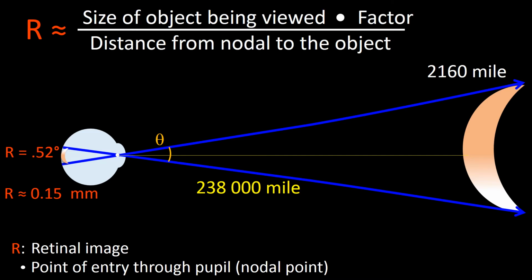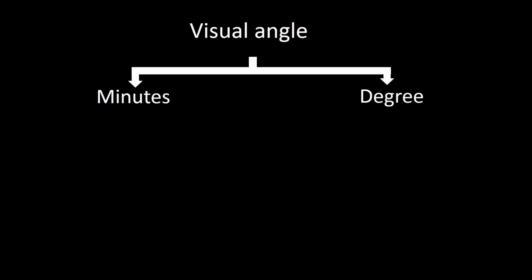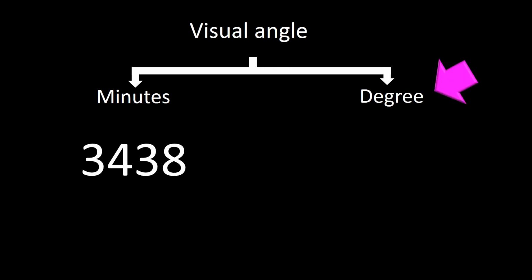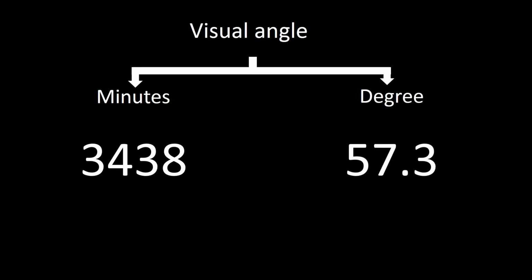But in order to convert this to degree or minutes, we need to multiply the size of the object by a constant that, as we previously mentioned, and it's also mentioned in the guidelines, in minutes is 3438, and in degrees 57.3.